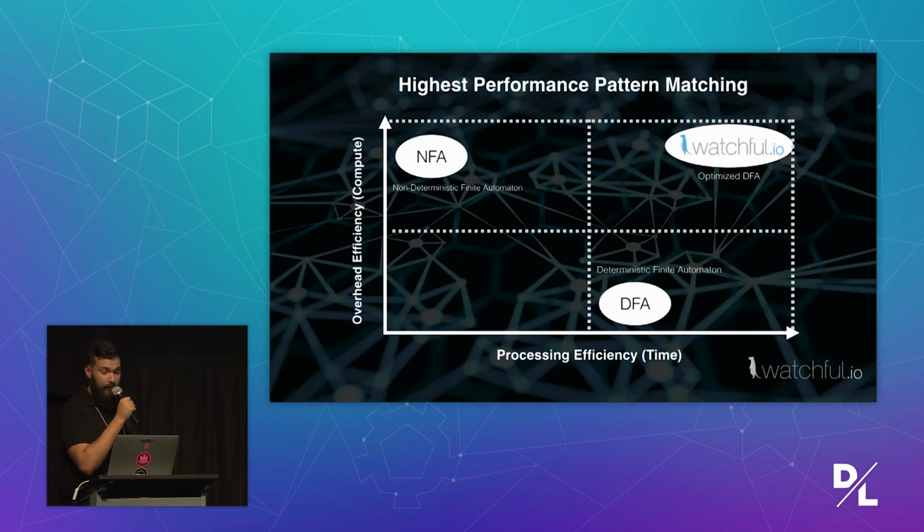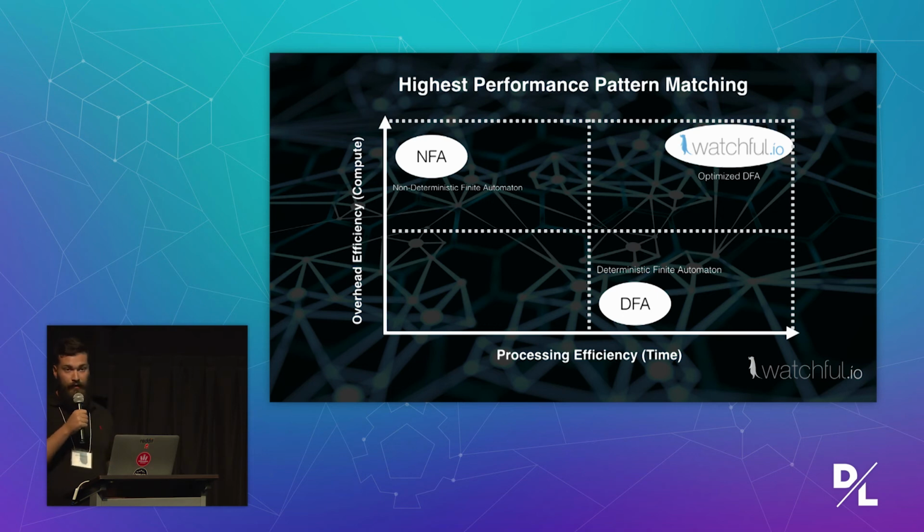And a little bit of really exciting pattern matching stuff, talking about NFA versus DFA. NFA is that naive implementation running in a series. You're simply searching for the single graph structure of all those patterns in one pass over and over and over again for every single possible match. NFA is going to be extremely compute efficient, but in processing efficiency and time, we suffer from an exponential blow up. It's going to take forever.